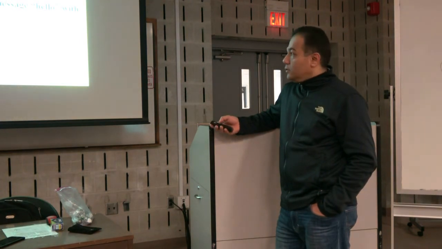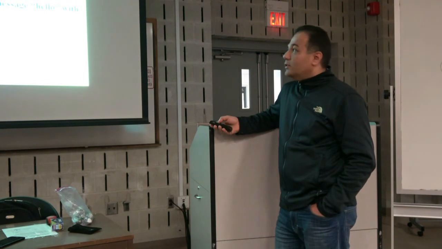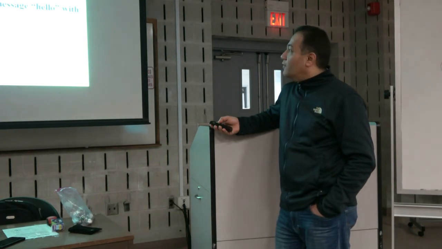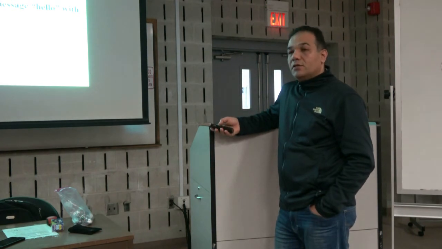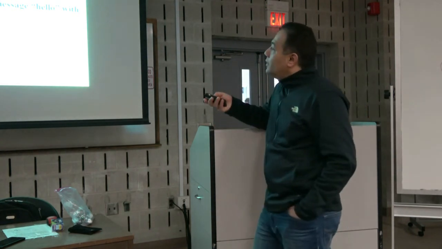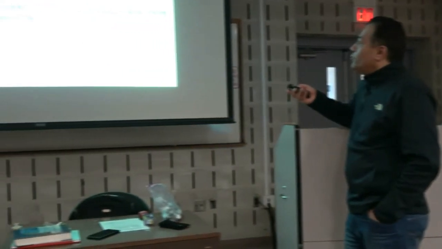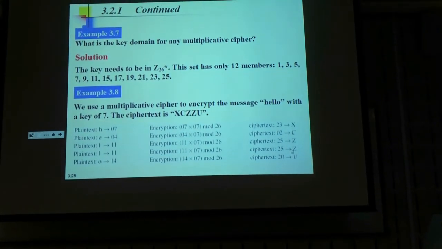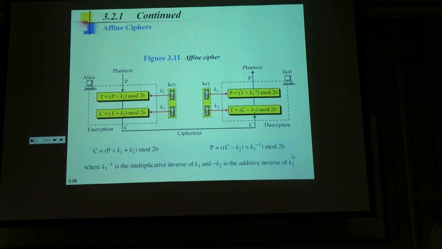For example, 7 times 8 is 56. 7 times 5 is 35, sorry, it will not work. It has to be one of these numbers. I have to calculate it, but one of these will be the multiplicative inverse for 7.